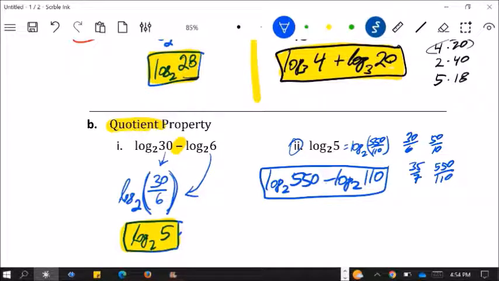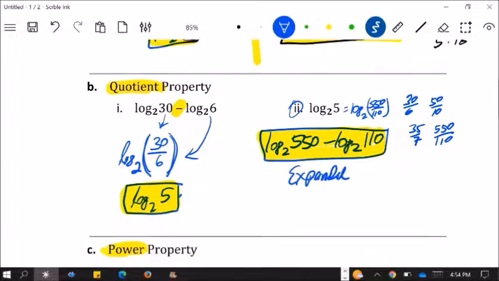Or as 30 over 6, 50 over 10, 35 over 7, 40 over 8, 45 over 9, numerous possibilities. But this one will work just as well because it does give us the result of 5 if we were to now go the opposite way and condense it. So this one's been expanded and this one was condensed.